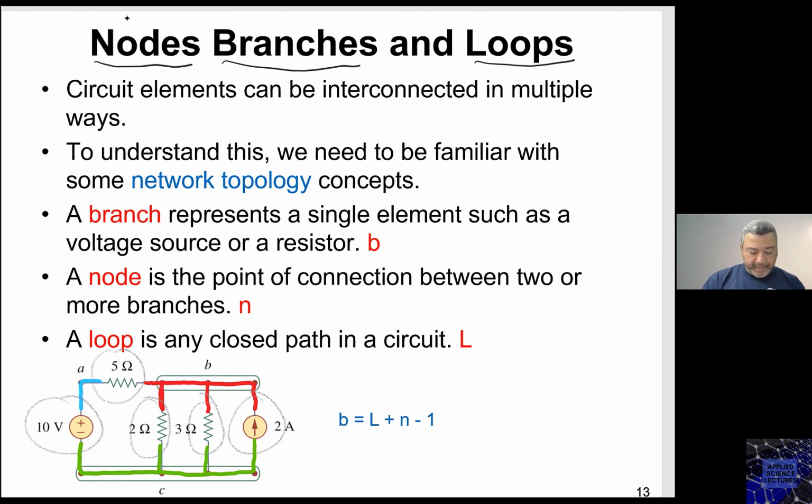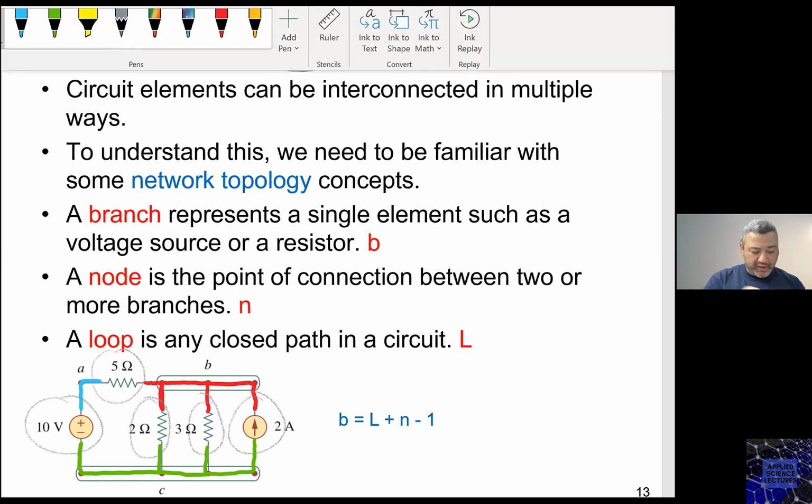Right? Now the number of the loops can be calculated based on the number of the nodes and the number of the branches, and the equation is given by this equation.